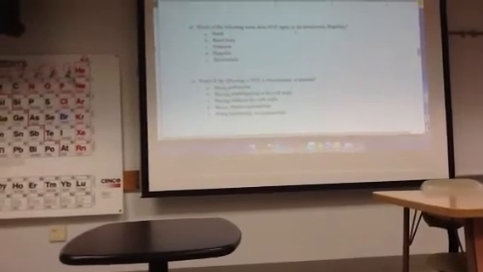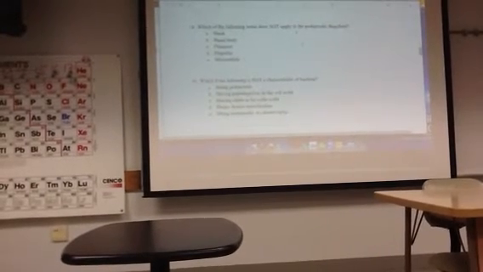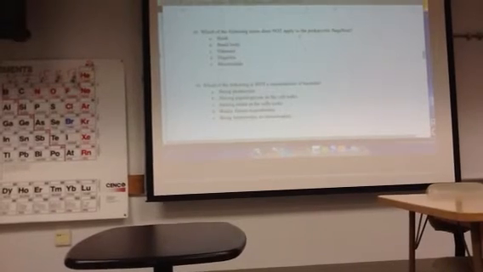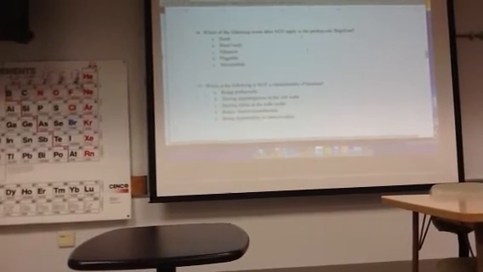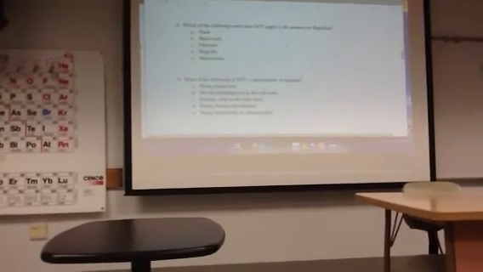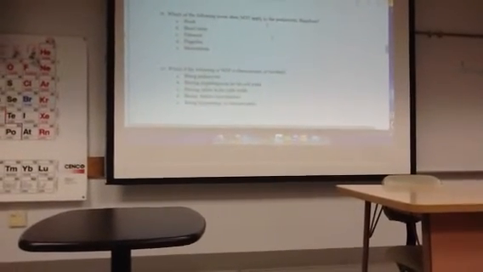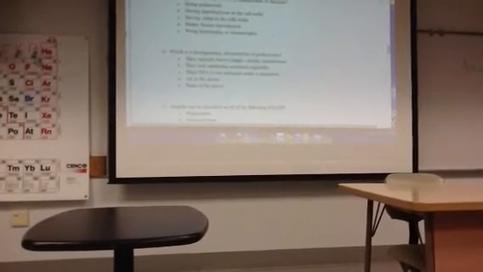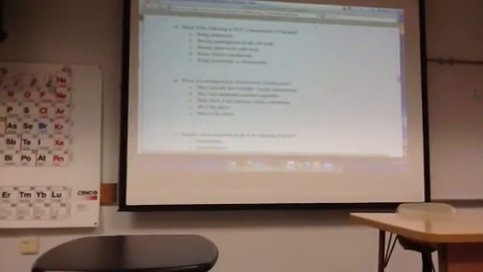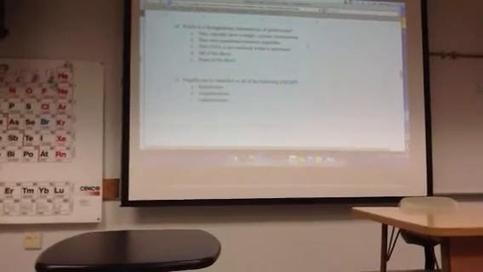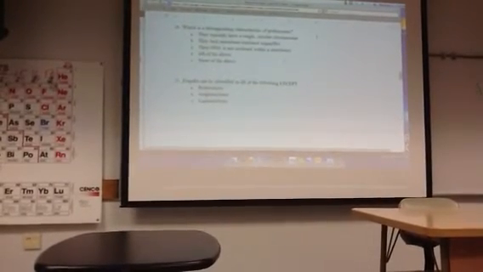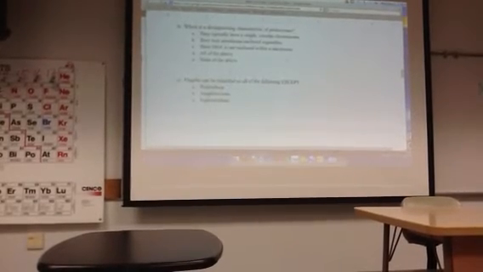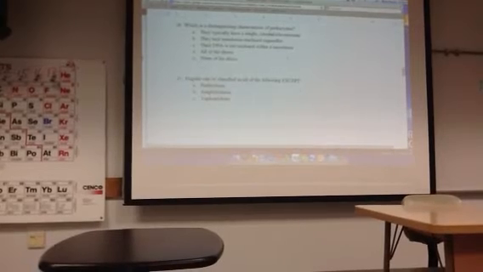Prokaryotic flagellum, which word does not belong? Microtubule, and that would be used for the cytoskeleton. Bacteria do not have chitin. Prokaryotes, I should say, do have a single circular chromosome, do not have membrane-enclosed organelles.